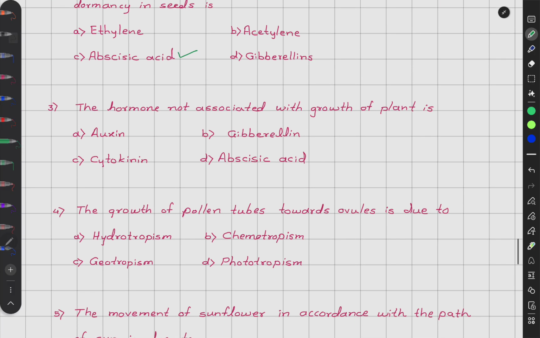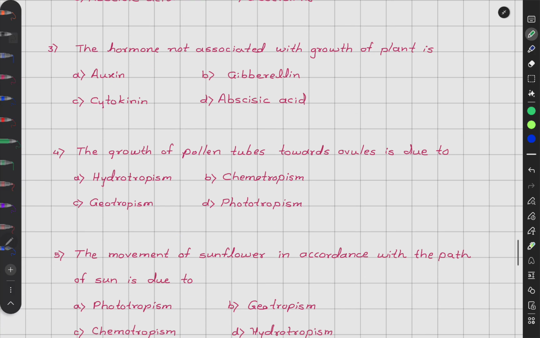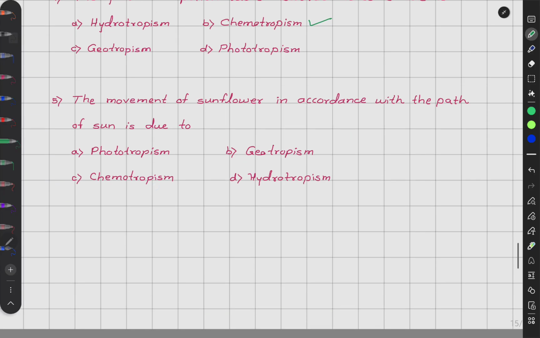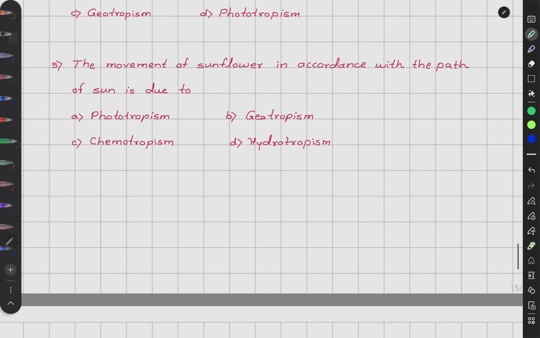The hormone not associated with growth of plant is abscisic acid. The growth of pollen tubes towards ovules is due to chemotropism. Question 5: the movement of sunflower in accordance with the path of sun is due to phototropism.